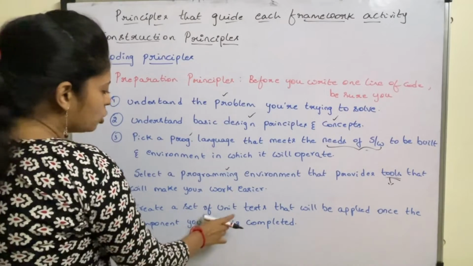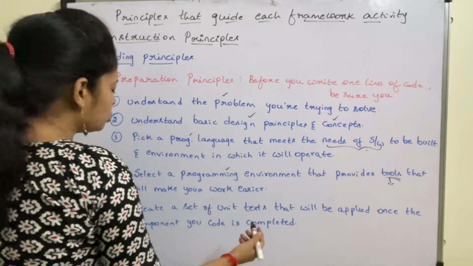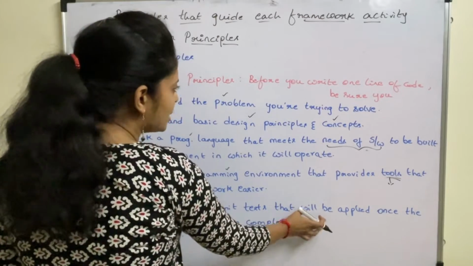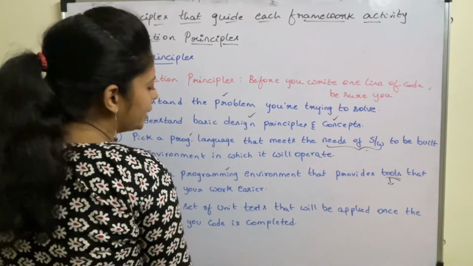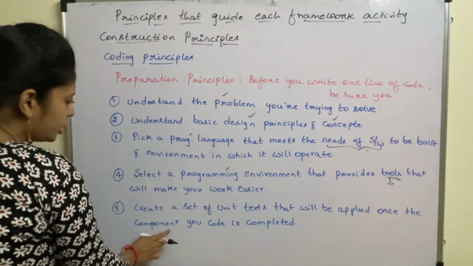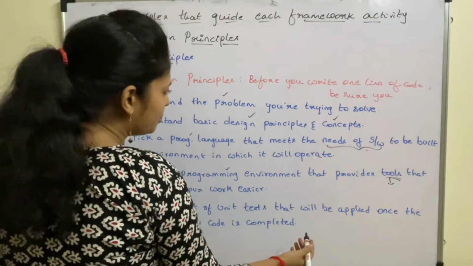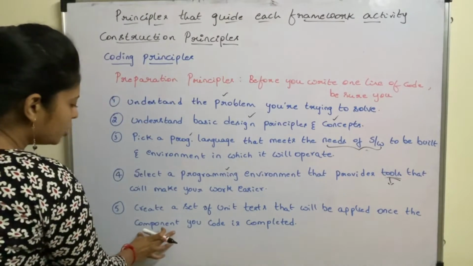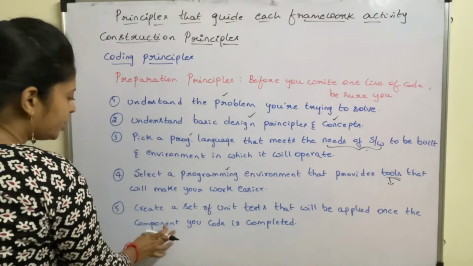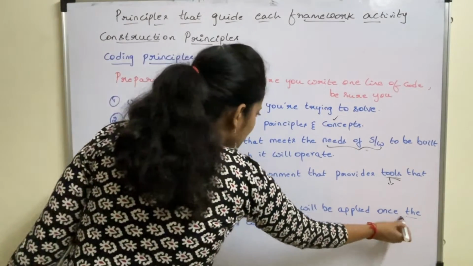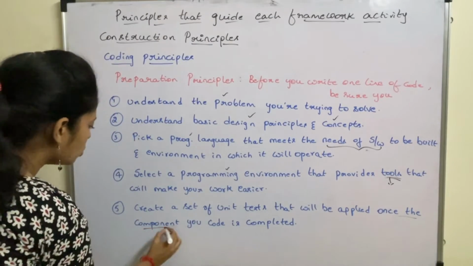Next, create a set of unit tests. I told you how the coding will be implemented. Even in design, once a problem is divided into components or modules, design will be developed for that module. Similarly, in coding, code will be written for individual modules separately. So first you need to complete coding.